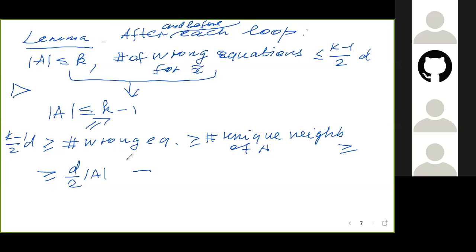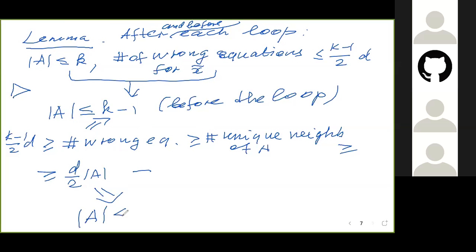And so this was before the loop. And in the loop, we change possibly good variables, but changing one variable may increase A only by 1. So this implies that the cardinality of A is at most k even after the loop.